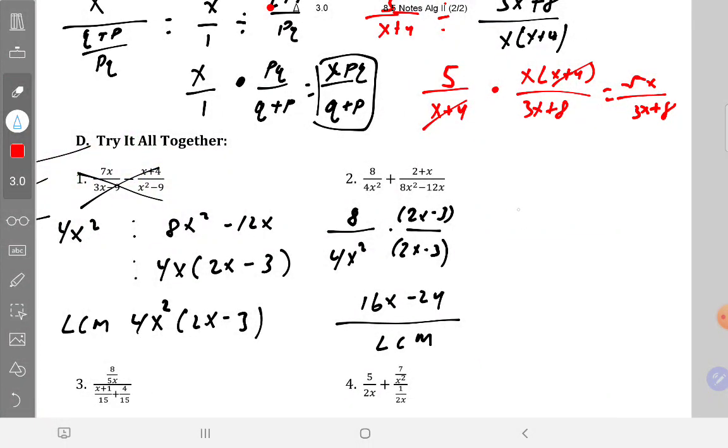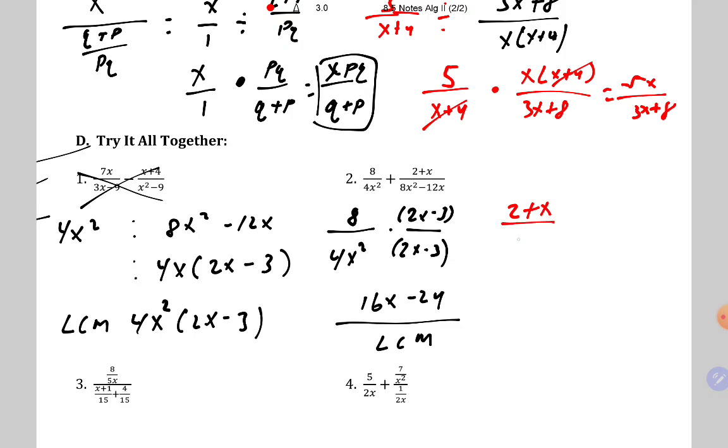The second fraction, 2 plus x, and this factored into 4x, 2x minus 3. What's missing here is just an x to become the LCM. So this is going to be x squared plus 2x over the LCM.